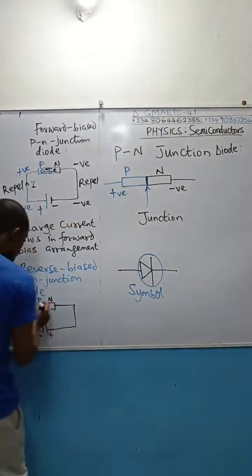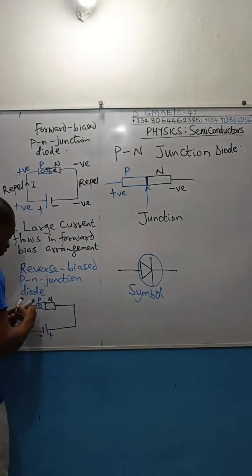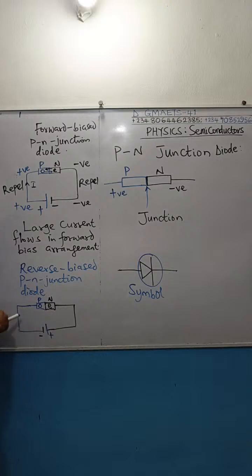Look at it. Holes, which are positive, electrons. This will be going this way. The electrons will be flowing this way. The holes will be flowing this way. And you see, holes are positive. This is the negative terminal. So at this end, we have positive here. Positive and negative.